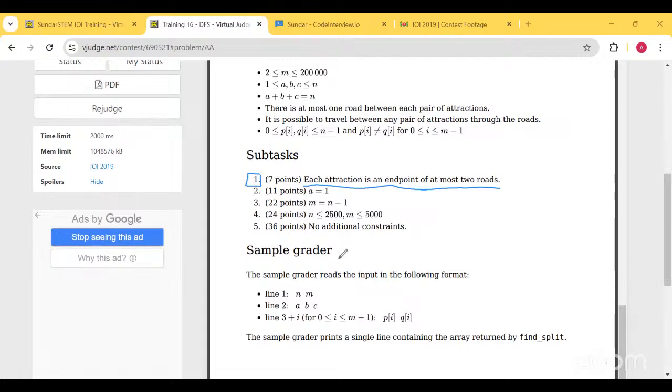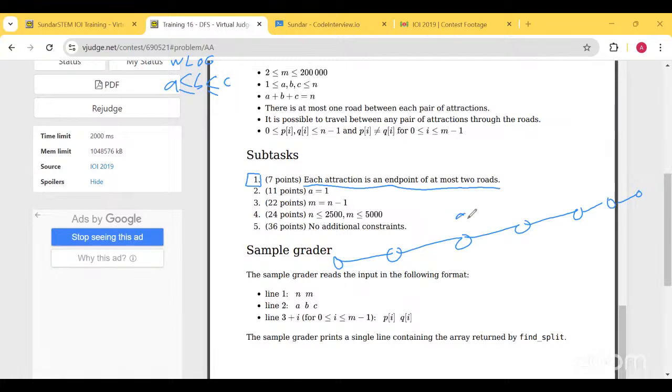Okay, so if we get a path with size a plus b, for example, let's generalize without loss of generality. Let's assume a less than or equal to b less than or equal to c.